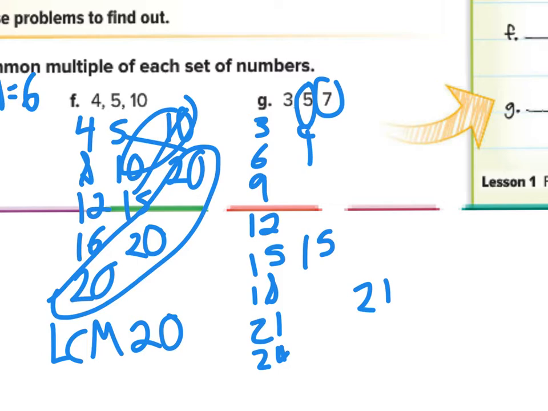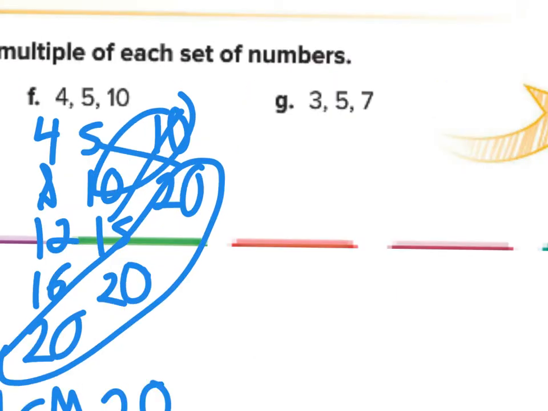So what's a better way to do it? Well, knowing that all these numbers are prime numbers, I could just simply multiply all three together. 3 times 5 times 7. Let's see, 3 times 5 is 15, times 7. In case you don't know how to do it, you take the 15 times 7.